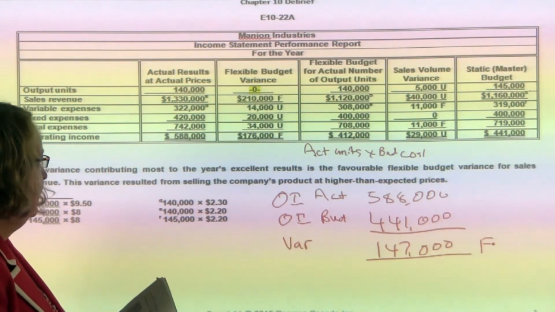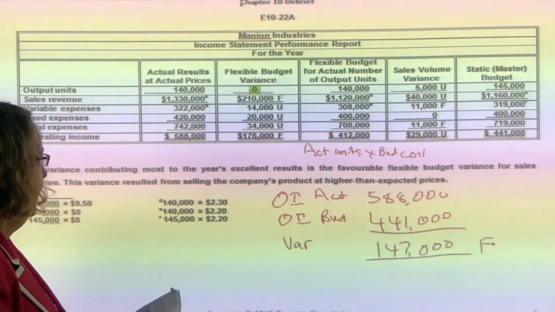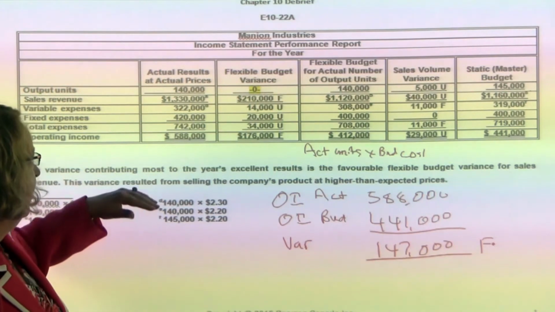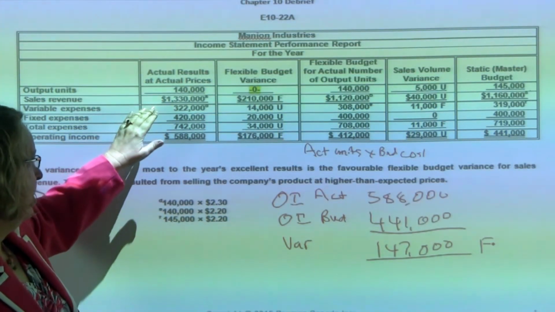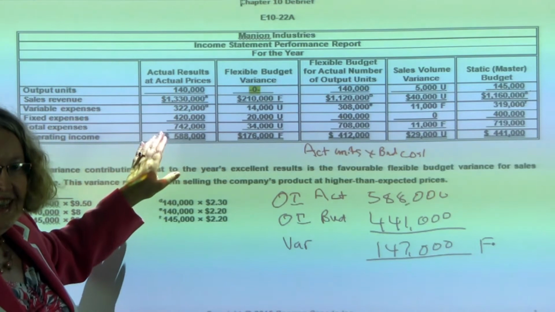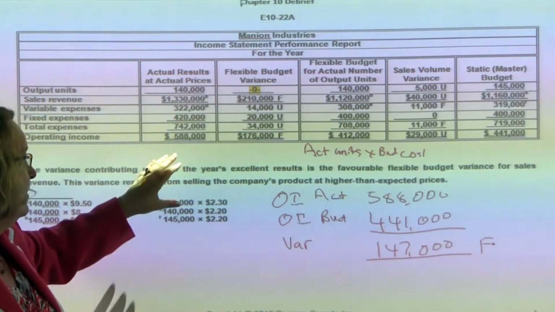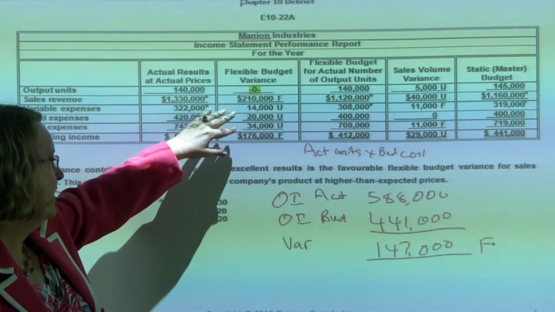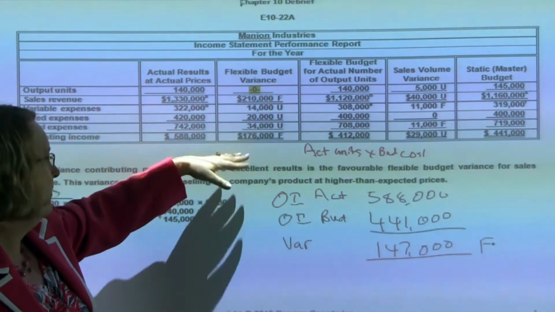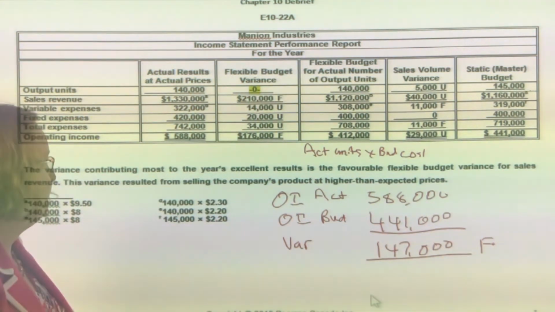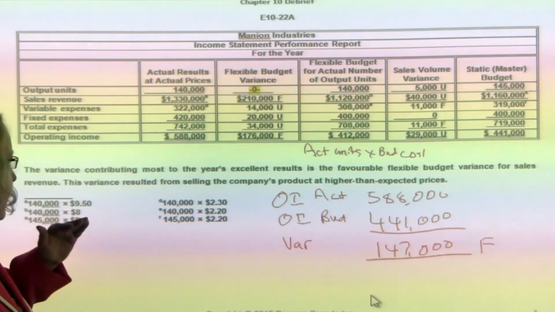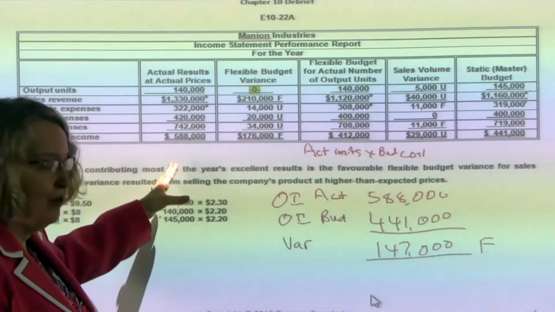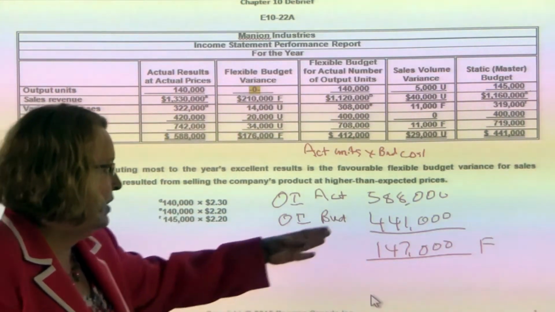The reason it's favorable is that your selling price was $9.50 instead of your budgeted $8, which gives you a favorable variance of $210,000, which offsets the unfavorable costs that you ran into during that period. So the objective here is that your financial system will tell you what your actual results are, and of course you have your budget already developed.